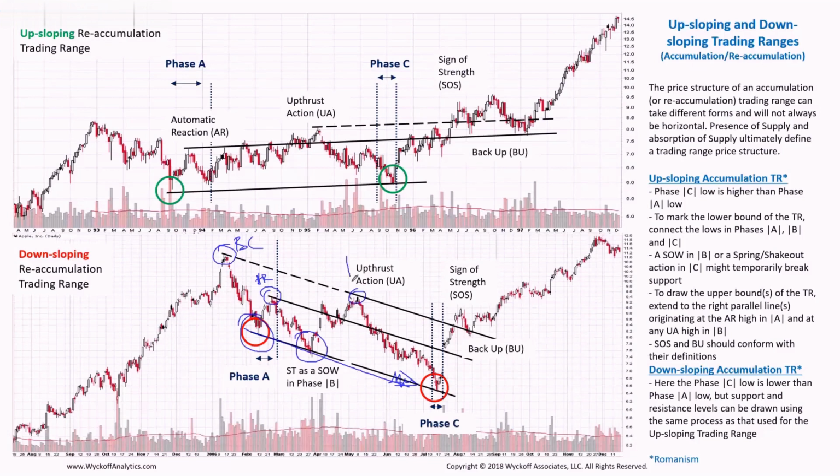So for instance, this was a very important line. Please note how both the spring or shakeout in phase C has been defined by those lines. That's number one. And how the sign of strength and the backing up action have been defined by these lines.